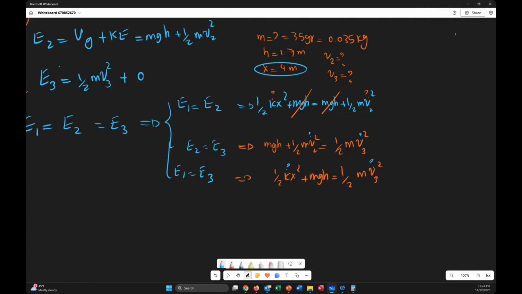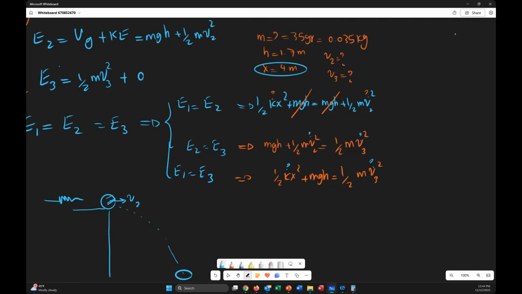I have X equal 4. You remember when the ball was released from the spring, not attached to the spring, it does have V2 velocity, and it goes and hits the ground.